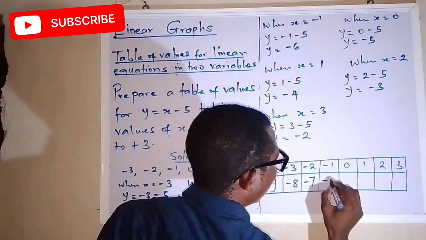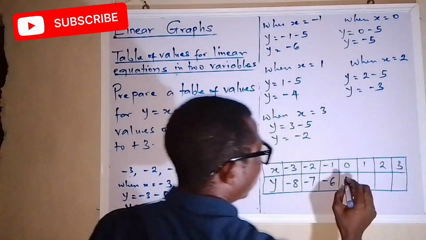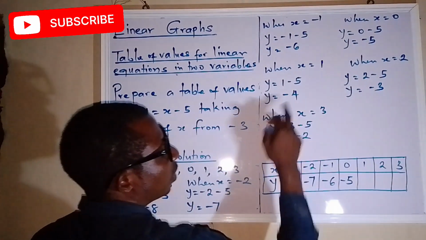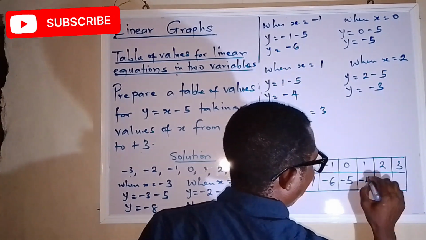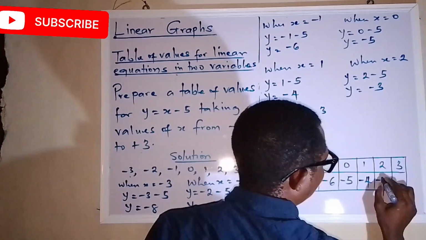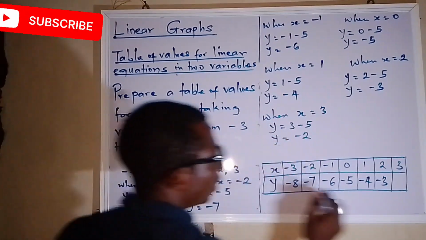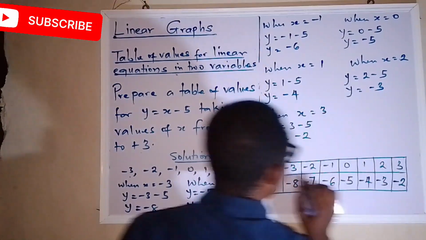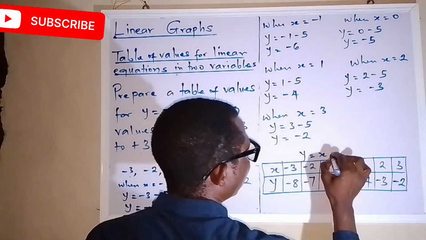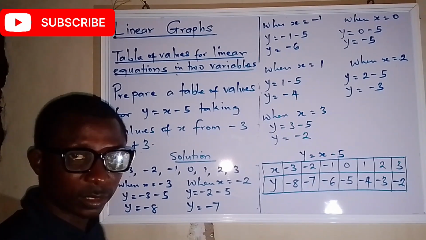When x is 0, y is minus 5. When x is 1, y is minus 4. When x is 2, y is minus 3. And when x is 3, y is minus 2. So now this is the table of y equals x minus 5. And that is what you are expected to do.